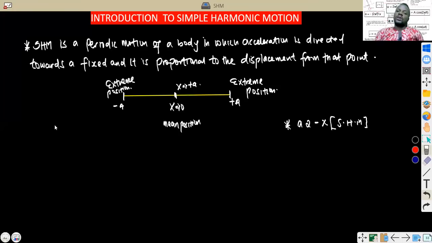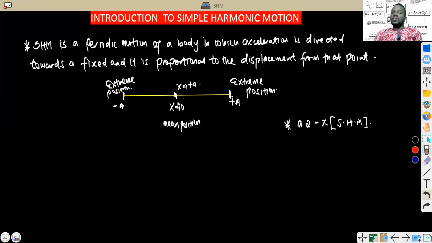So the two things that you must always put in your definition of SHM are these. The first thing is that the acceleration of the body is directed towards a fixed point. When it goes to the fixed point, it comes back and can also go to the other side. A very good example is a simple pendulum, which we talked about in circular motion.